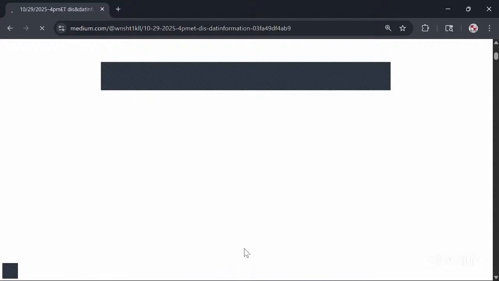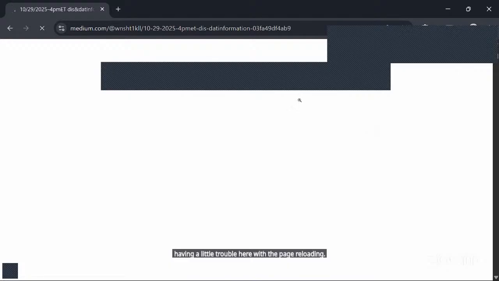Having a little trouble here with the page reloading. Come on.